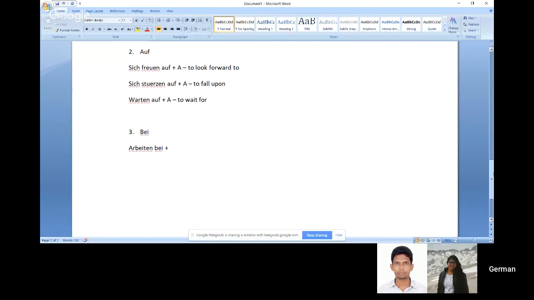"Arbeiten bei" plus dative is to work at or to work with. Next is "helfen bei" plus dative, to help with. "Sich entschuldigen bei."